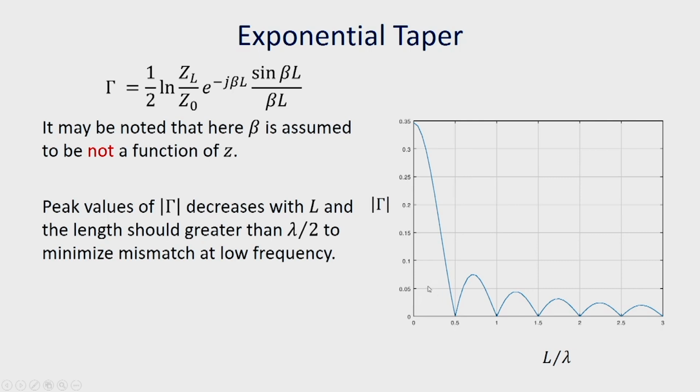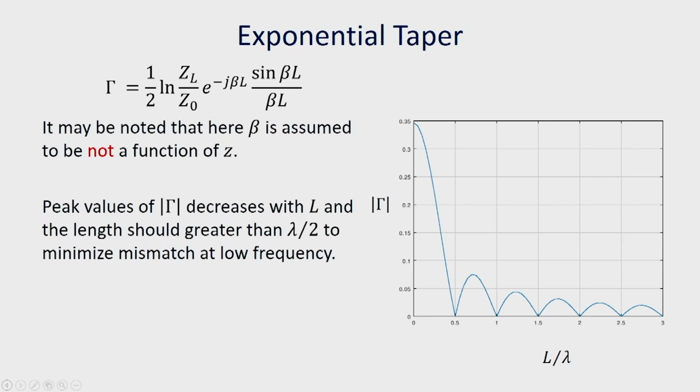Say if it is to be less than 0.1 even at the lowest operating frequency, then we should have L by lambda at that frequency greater than 0.5. So, the peak values of mod gamma decrease with L, and length should be greater than lambda by 2 to minimize mismatch at low frequency.